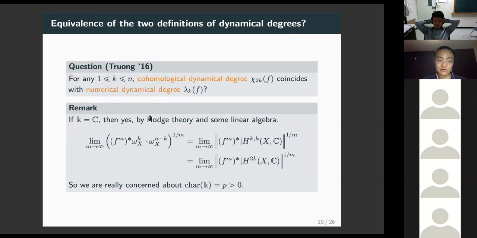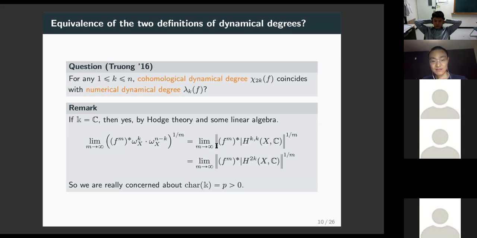So actually these two are equivalent because it's not hard to prove. We just use a little bit of Hodge theorem and some linear algebra. So for example, the limit of the mth root of this initial number is equal to the limit of the mth root of the norm of this linear transformation, the pullback restricted to H^{k,k}.